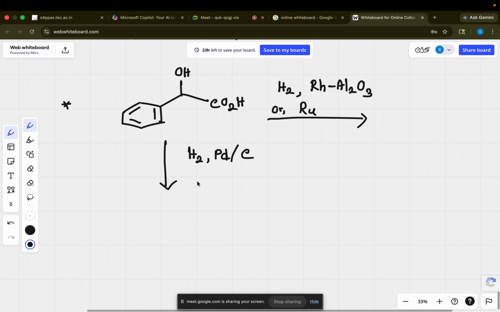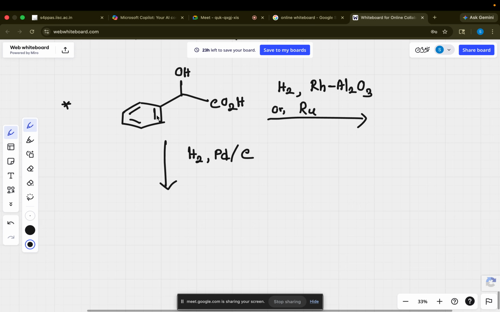So what will happen if you use hydrogen, palladium carbon in this compound? Trans product, how will you get it?